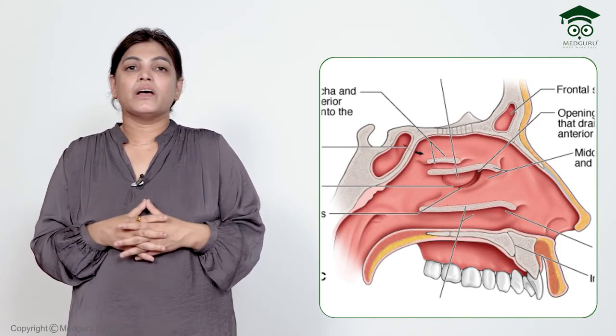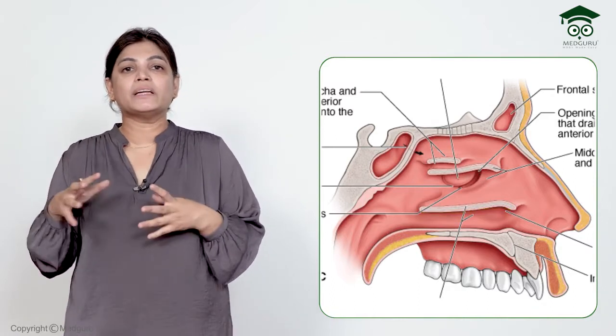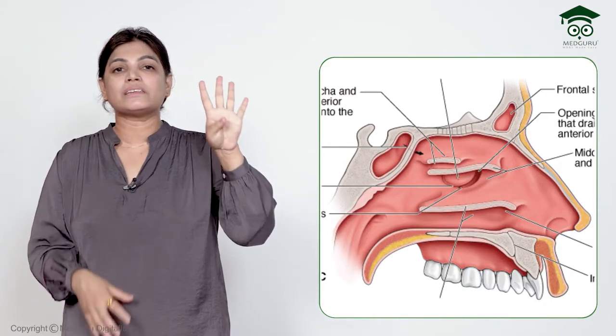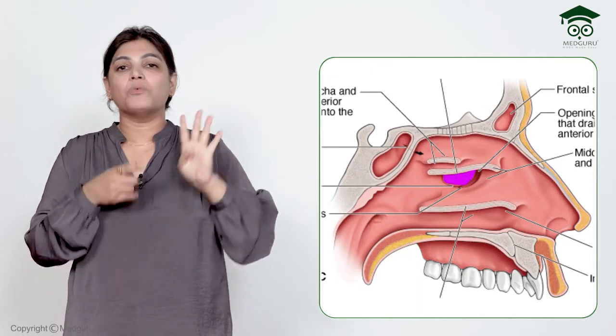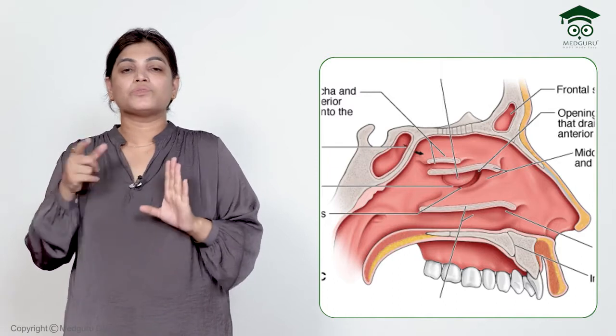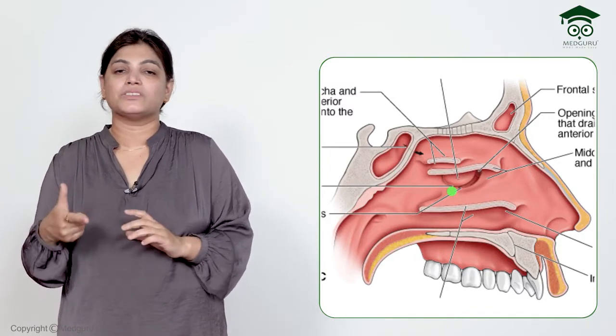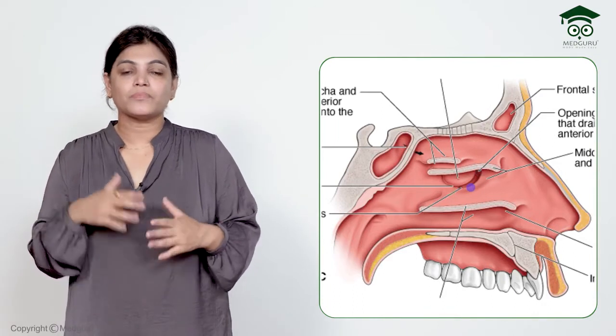Just as we have seen in the inferior meatus only one structure was opening, in the middle meatus four important structures are opening. On the bulla, middle ethmoidal sinus is opening. On the hiatus, three openings are there: frontonasal duct, maxillary sinus and anterior ethmoidal sinus.